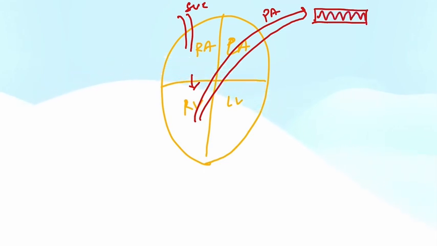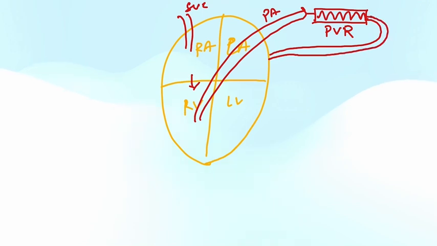This is the pulmonary bed. We are naming the resistance of this region PVR, or resistance of the pulmonary vascular bed. This blood from the pulmonary vascular bed is returning to the left atrium via pulmonary veins.